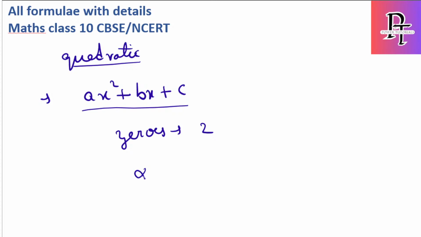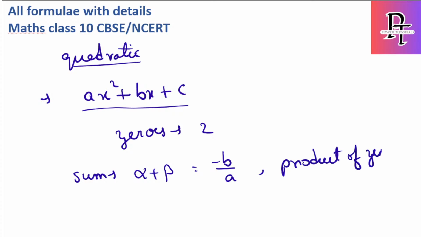Here the sum of zeros, alpha plus beta, is minus b by a, whereas the product of zeros is c by a.